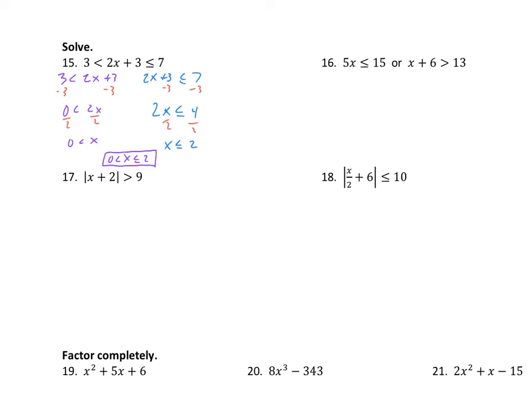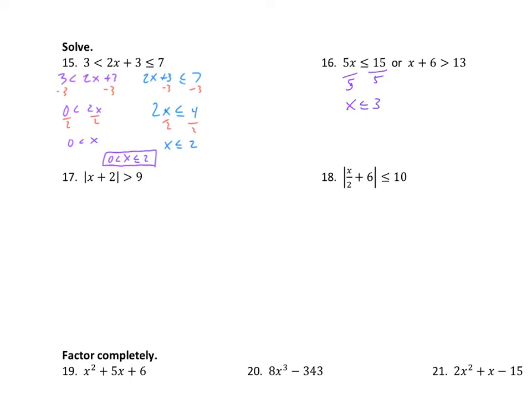The next problem is essentially just two problems pushed together in one. So 5x is less than or equal to 15, or x plus 6 is greater than 13. So I'm just going to solve each one individually. On the first one, I'm just going to divide by 5 first. And so here we get x is less than or equal to 3.